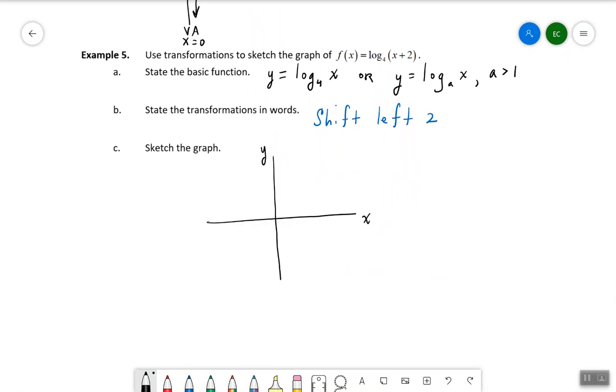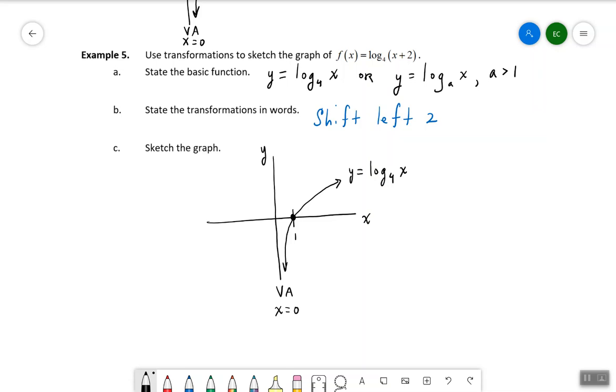You might want to pause the video and try to do it yourself. Okay, so there's the basic function.